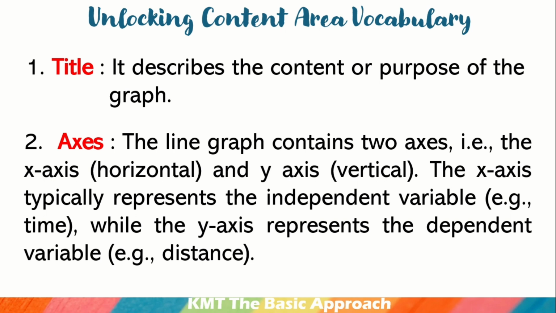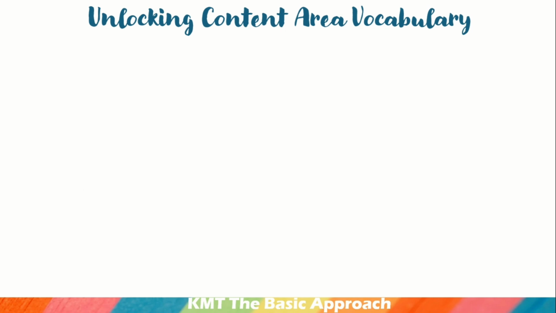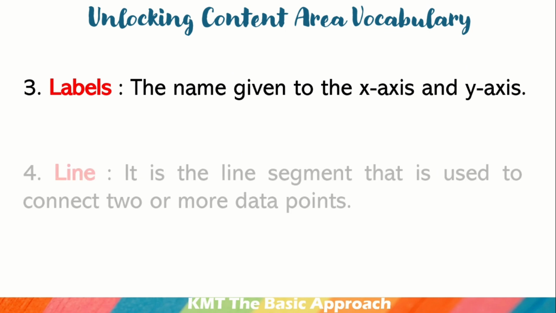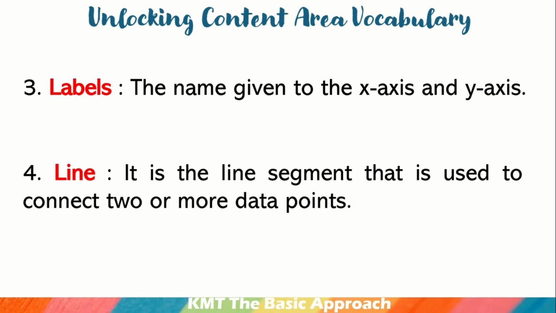The x-axis typically represents the independent variable or the time, while the y-axis represents the dependent variable or the distance. Number 3. Labels. The name given to the x-axis and y-axis. Number 4. Line. It is the line segment that is used to connect two or more data points.